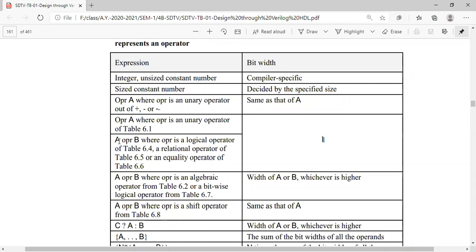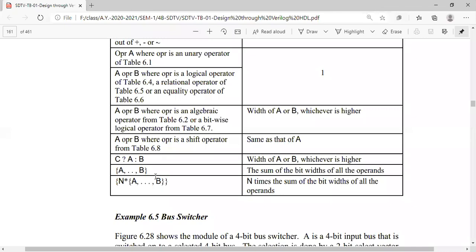Are you able to understand or not? A operator B means here we are performing bitwise addition. When both are of single bit, automatically this result will also have a single bit width, right? If the operator is an arithmetic one, A plus B or A minus B, and A and B are of the same width, automatically the width will be the same.